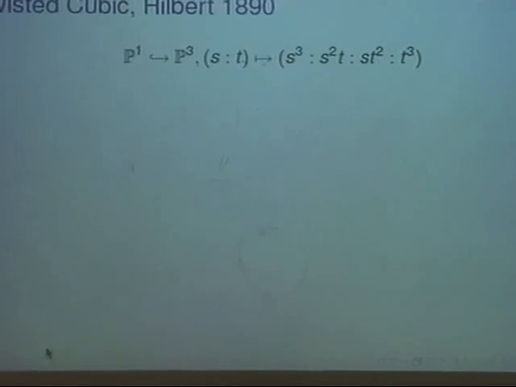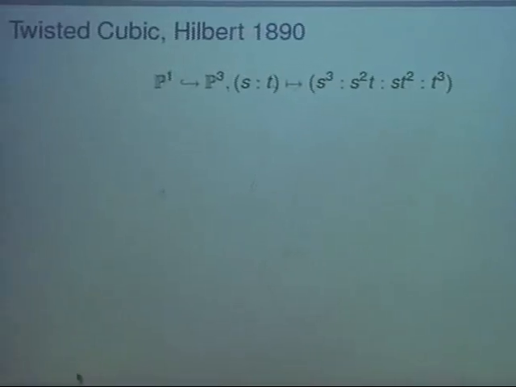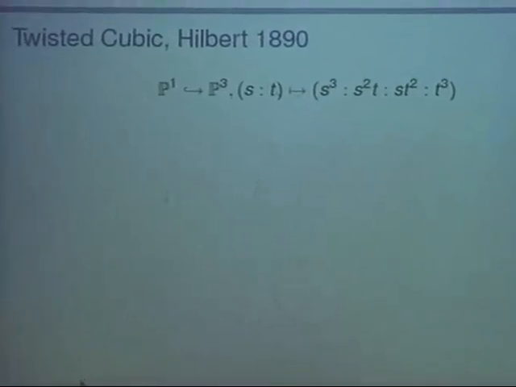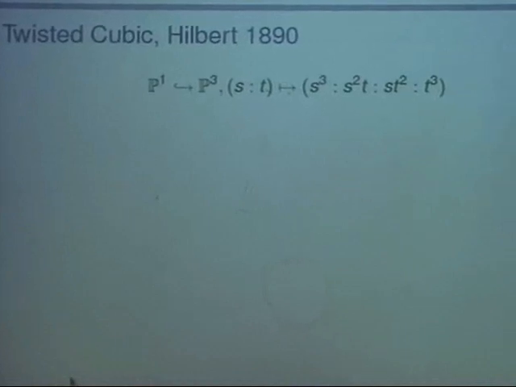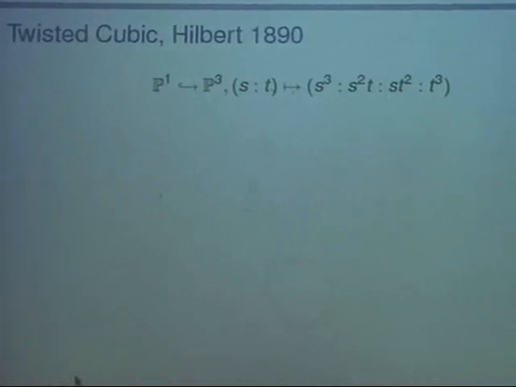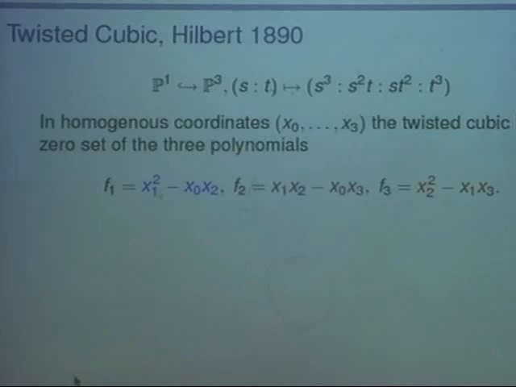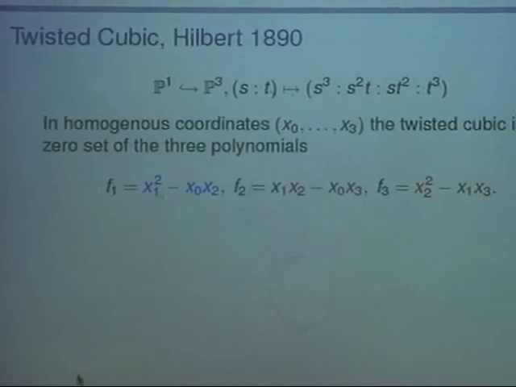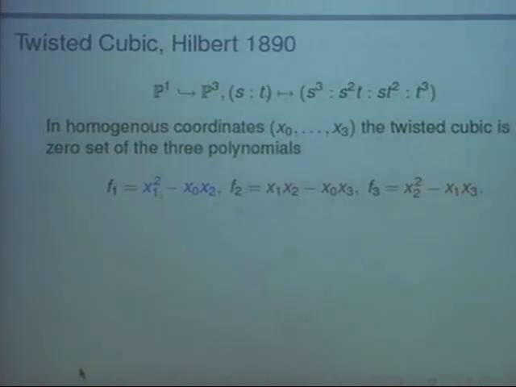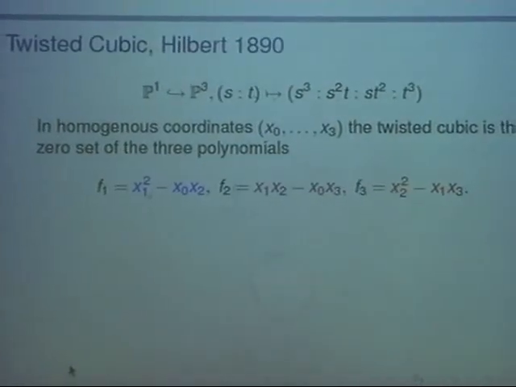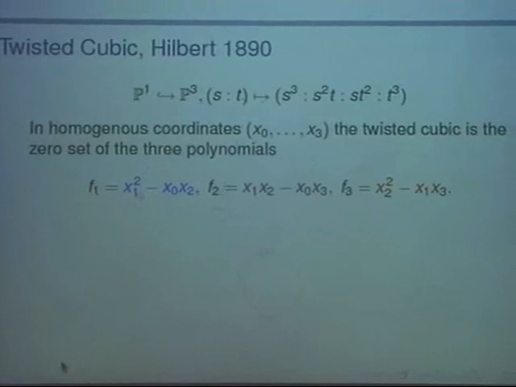Let's start with an example out of Hilbert's famous 1890 paper, where he proved the syzygy theorem. We take the rational normal curve of degree 3, the twisted cubic, and look at its equations. You all know the equations: there are three, x1 squared minus x0 x2, and so on.